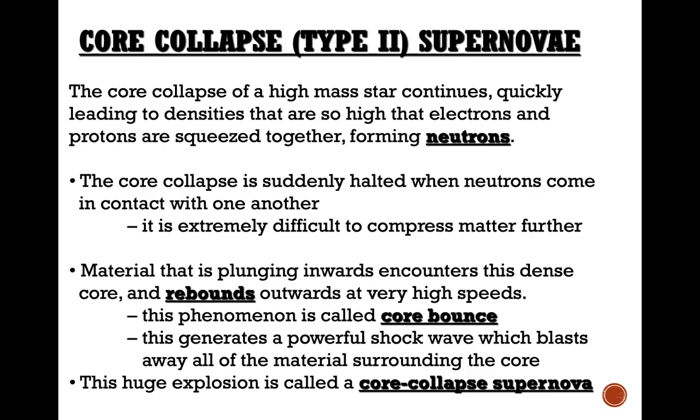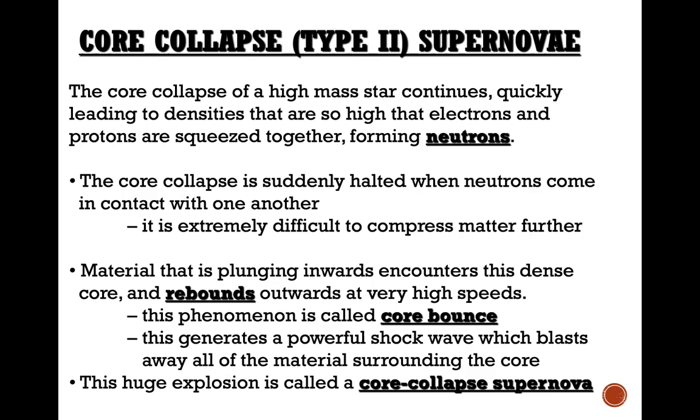Once you have the neutron degenerate pressure, it's very hard for the gravitational collapse to overcome it, so all the plunging materials towards the central region will bounce back with very high speed.